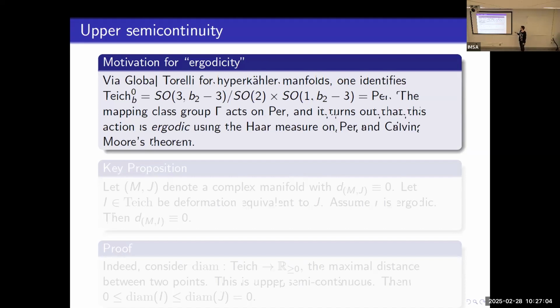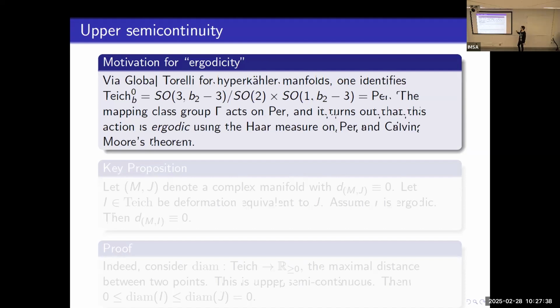And once you identify various birational hyperkahlers, you take this new moduli space of complex structures called Teichmüller B because of the birational identification. And then any connected component is identified with the period domain, which is a quotient of non-compact Lie groups.